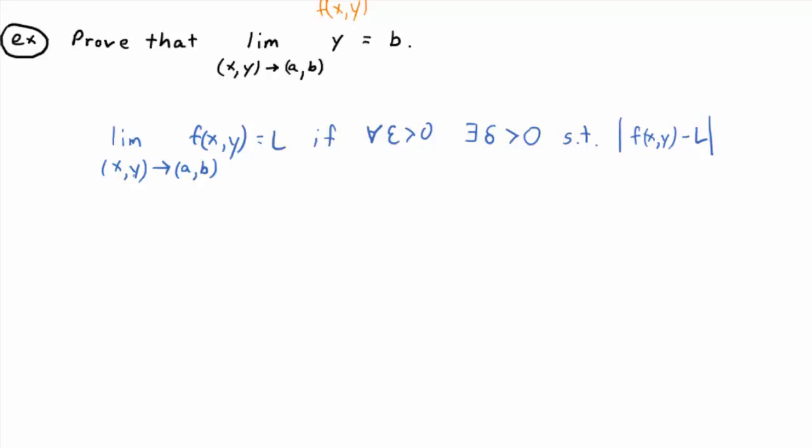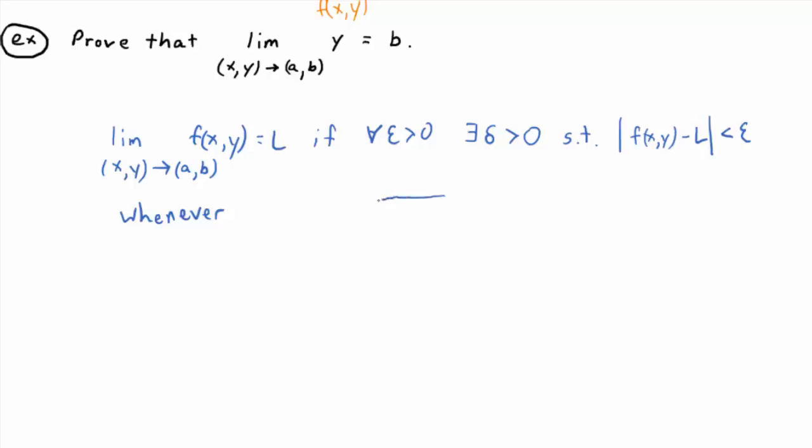So this thing equals L if for all epsilon greater than 0, there exists a delta greater than 0 such that the distance between f and L is less than epsilon whenever the distance between (x,y) and (a,b) is less than delta, but bigger than 0. In other words, (x,y) doesn't equal (a,b). So how would you say that?